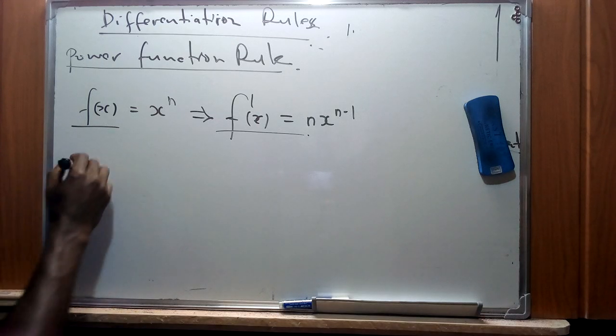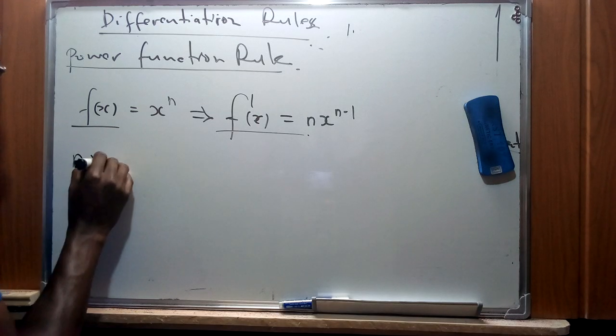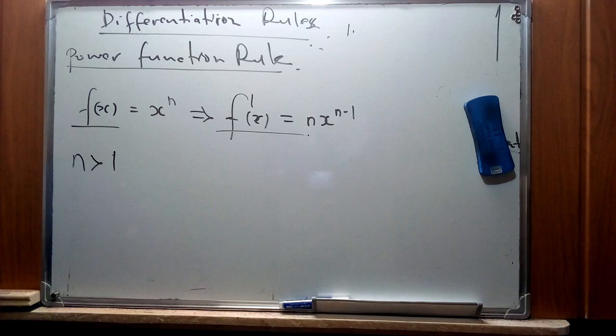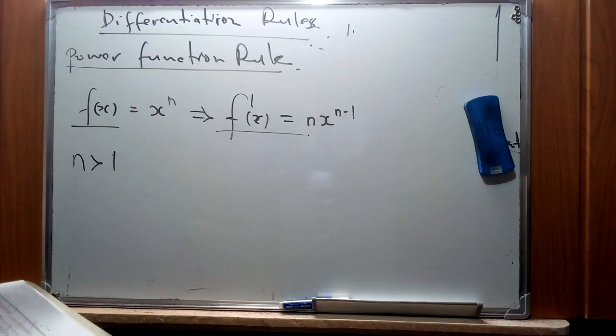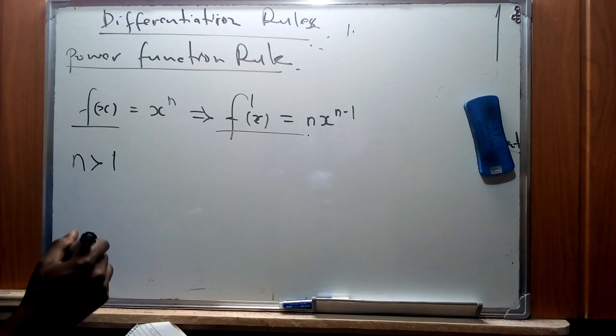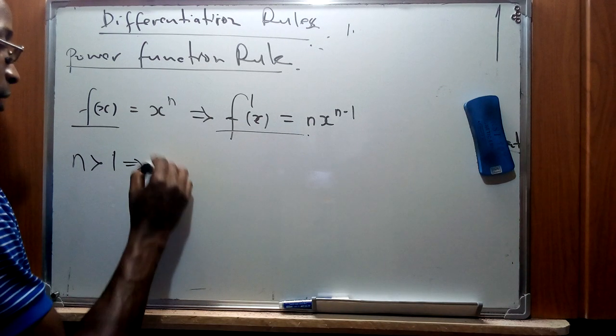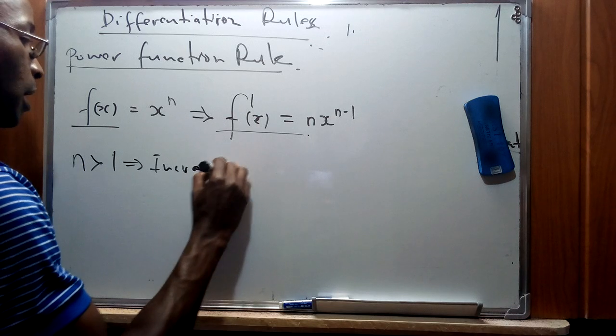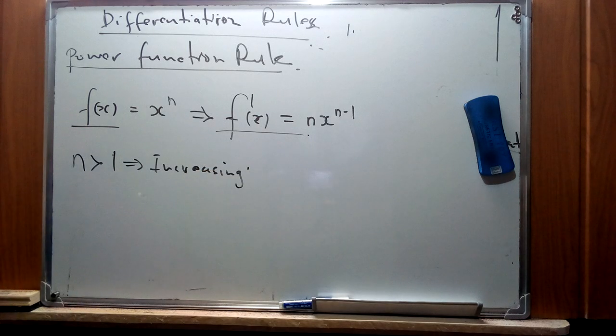see that in a case where n is greater than 1, the derivative of that function will be a function which will be increasing, and we're going to see that one using a graphical representation.